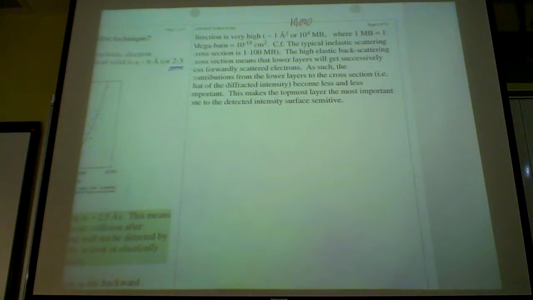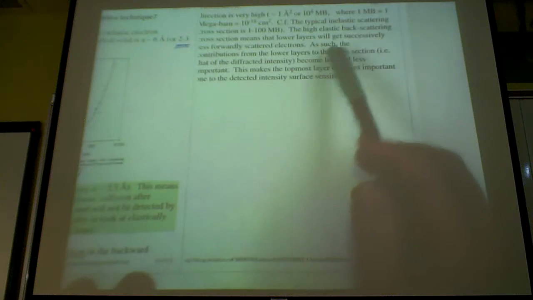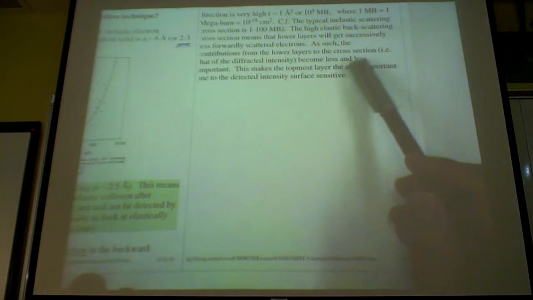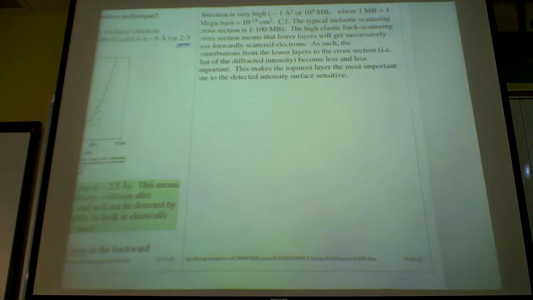So the elastic signal will overwhelm your inelastic scattering cross-section. Okay. As such, the contribution from the lower layer will be less, because as you penetrate the lower layers, you lose the electron beam and they don't come back because the cross-section is so small. Okay, so the most important one is the topmost layer.